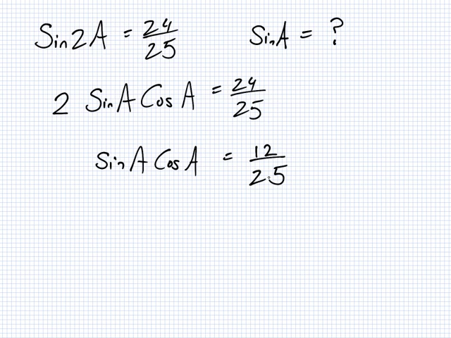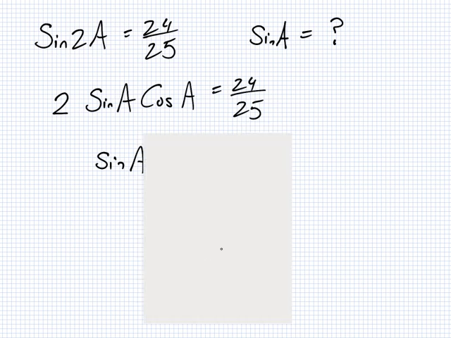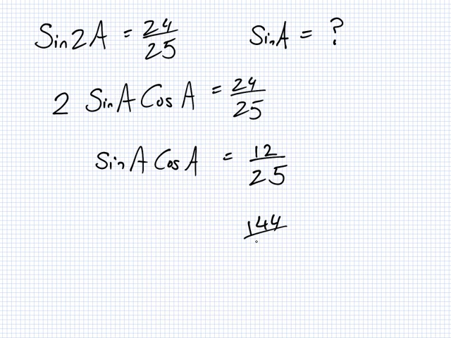Now you actually have a couple of choices here. I think one strategy would be to square everything. That's 144 over 625.